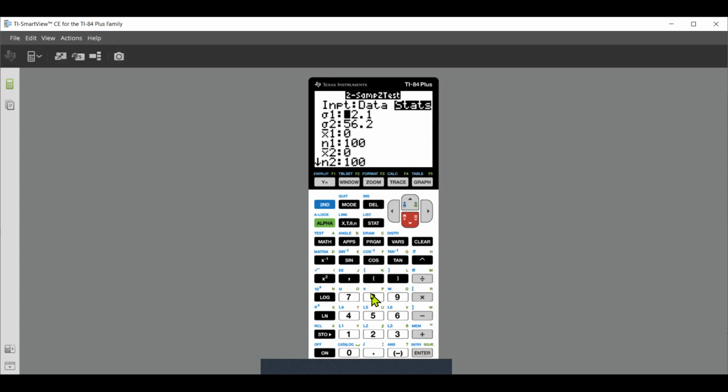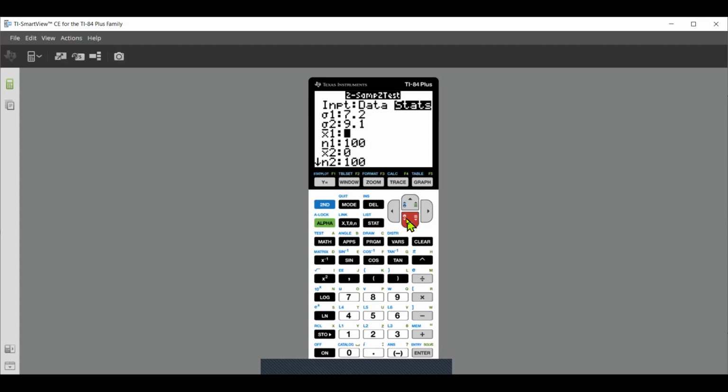Now, you're going to fill in your sigma 1 and your sigma 2. Sigma 1 for Miami is 7.2. So I'm going to put 7.2 in as sigma 1. Sigma 2 is the standard deviation for Baltimore, which is 9.1. Your X bar is your sample mean.